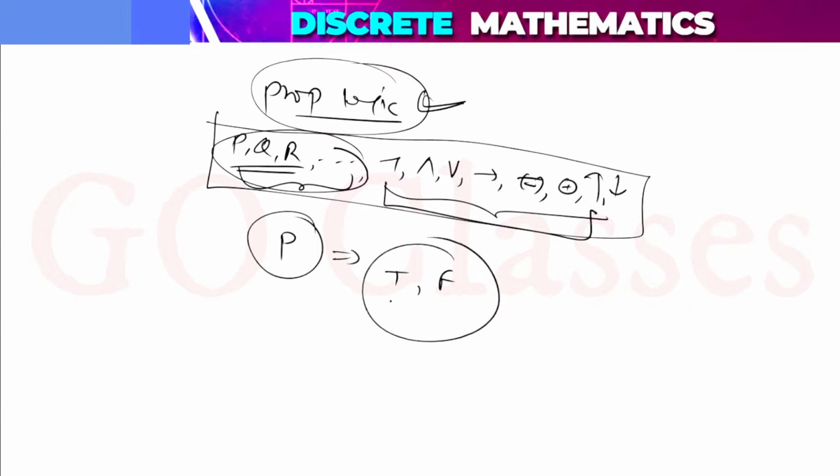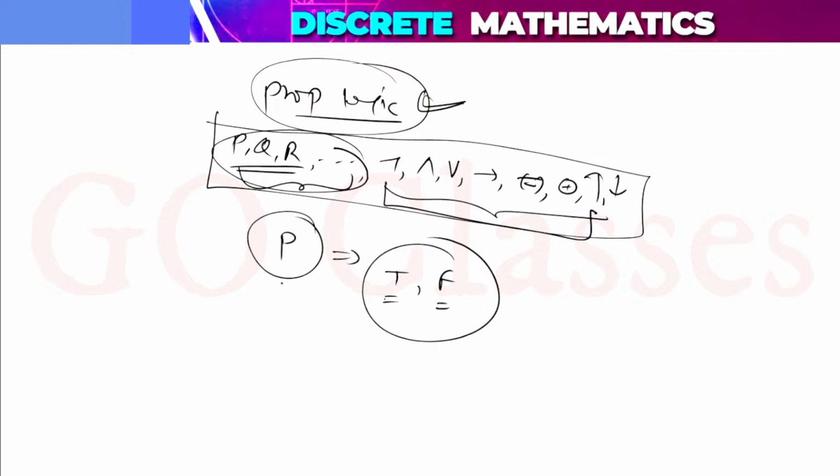The definition of proposition is that a proposition is a sentence, it does not matter whether English or Chinese or whatever, which is either true or false.